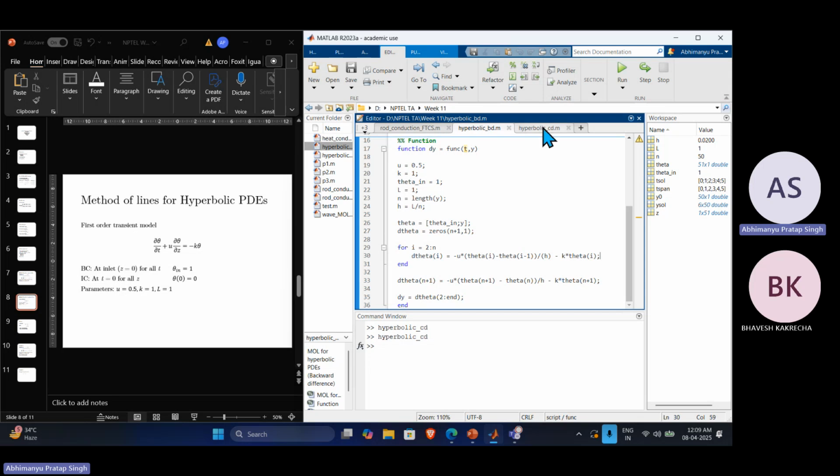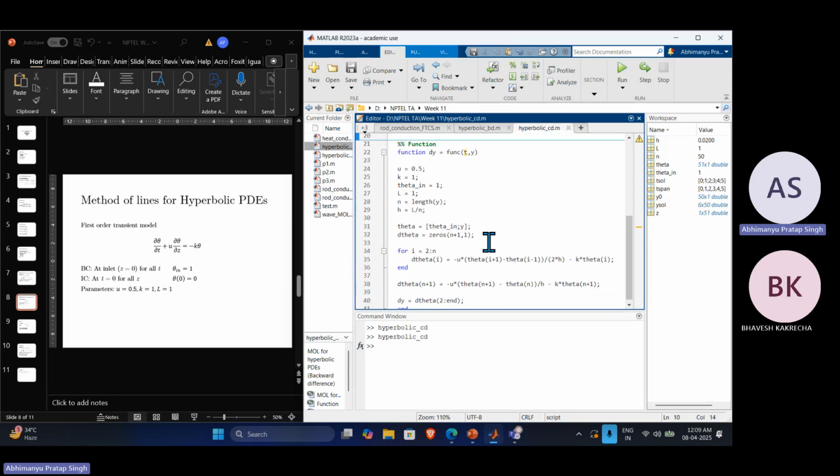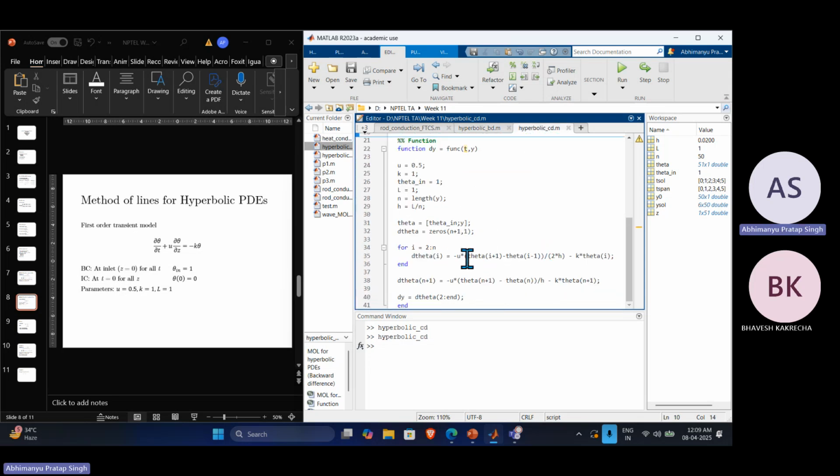In central difference, what is happening is that for the ith node, you are using the node before the current node and the node after the current node. There is only this theta I which is giving some input to the derivative for the current node.